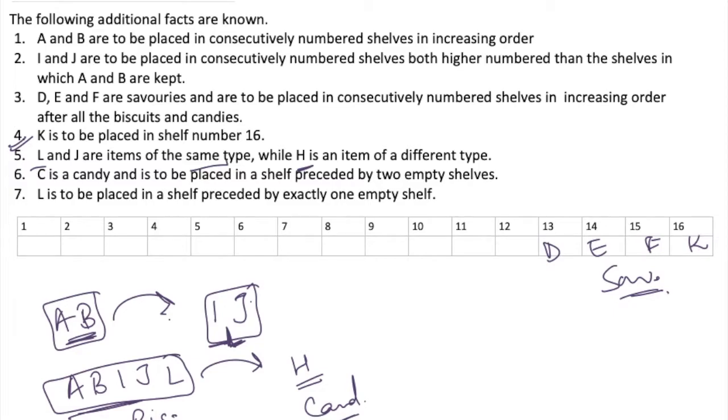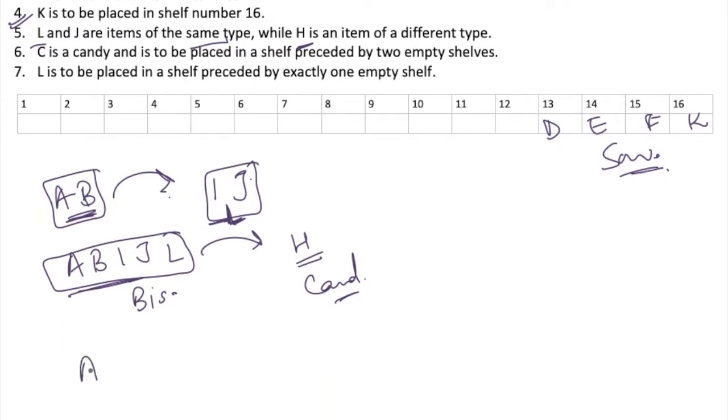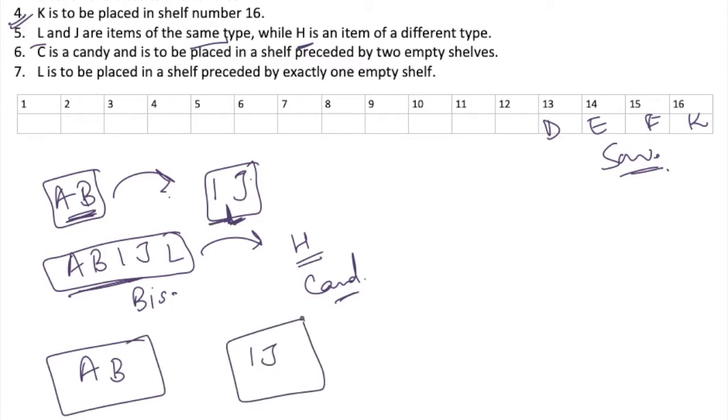The next case is if A, B are a separate item and IJ is another separate item. Now I know that L is placed with IJ because L and J are of the same type. This means H will be placed with A and B because H is an item of a different type.